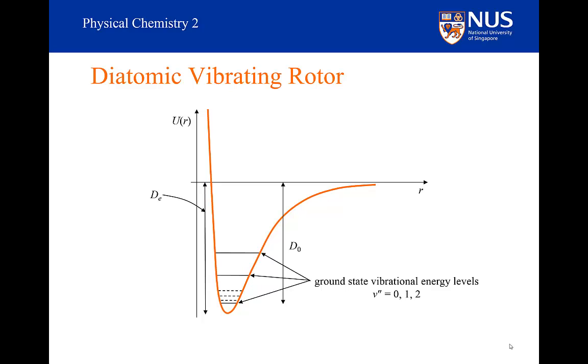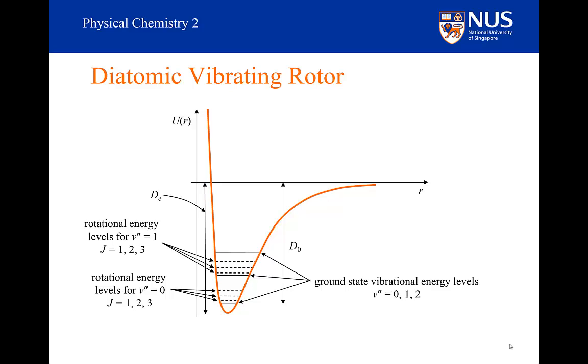They have different values of J. Molecules in the energy level identified by the solid line associated with V equals 0 have the vibrational energy associated with V equals 0, but they also have a rotational energy associated with J equals 0. Molecules in the energy levels identified by the dashed lines also have vibrational energy associated with V equals 0, but they have rotational energy associated with J equals 1, J equals 2, J equals 3, etc.